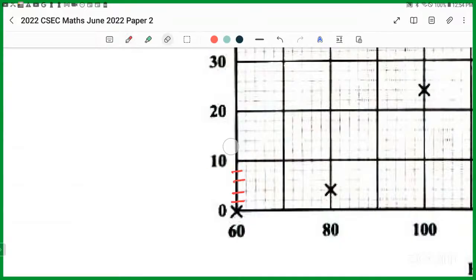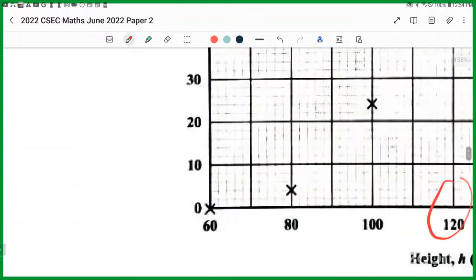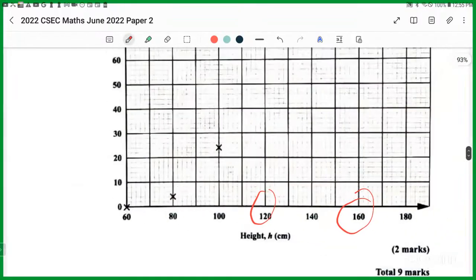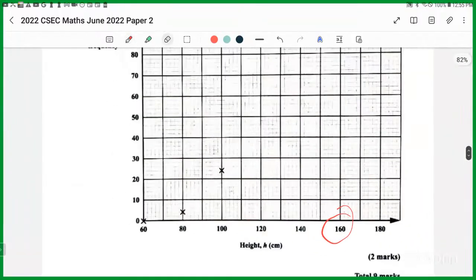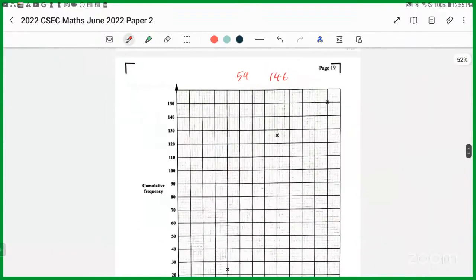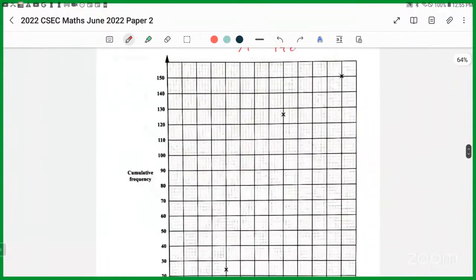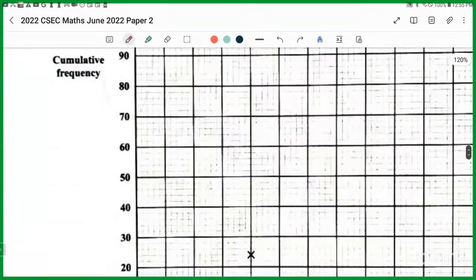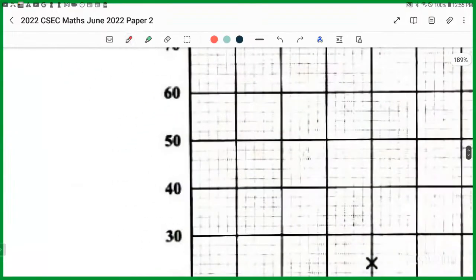Make sure. All right. So on the 120, we need 59. So look for 59. So it should be 50, 52, 54, 56, 58. 59 is right here. This is 59.